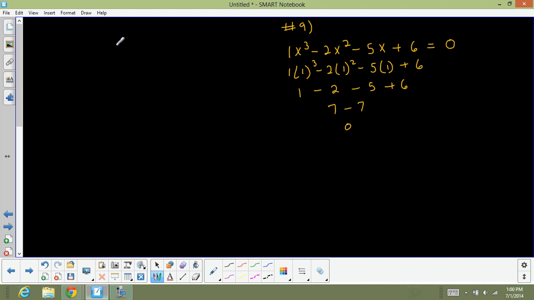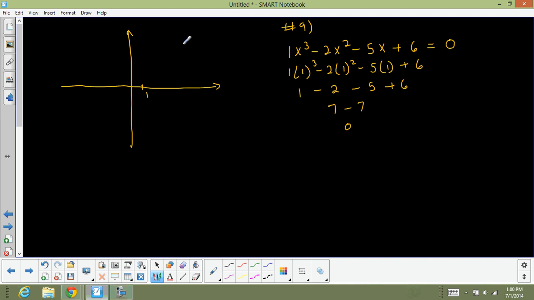Okay? In other words, if you were to graph this thing in R2 on the Cartesian coordinate plane, it would cut through at x equals 1. It would go through your graph at x equals 1. Now, how is that pertinent?